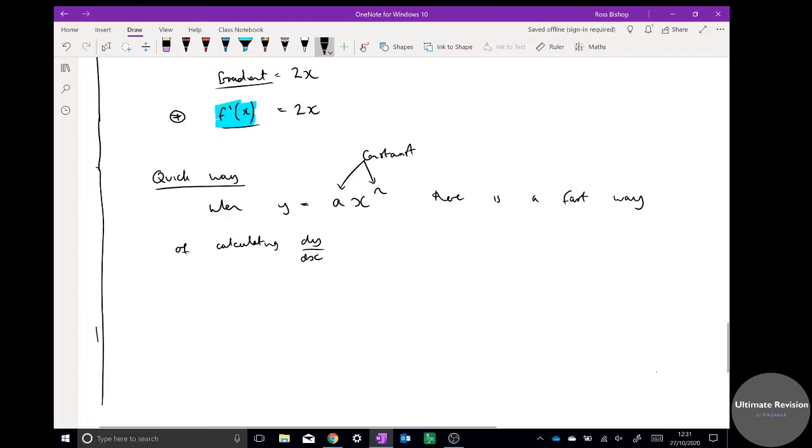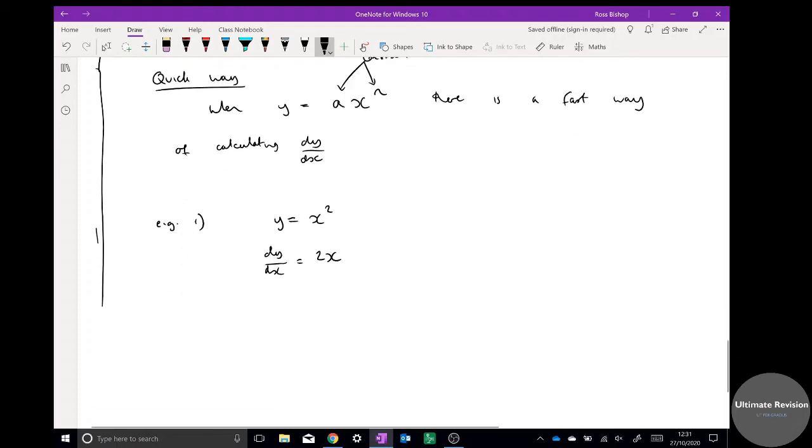Now, the best thing to do is look at an example. So example 1: if y equals x squared, dy dx equals 2x. We've worked that one out above.